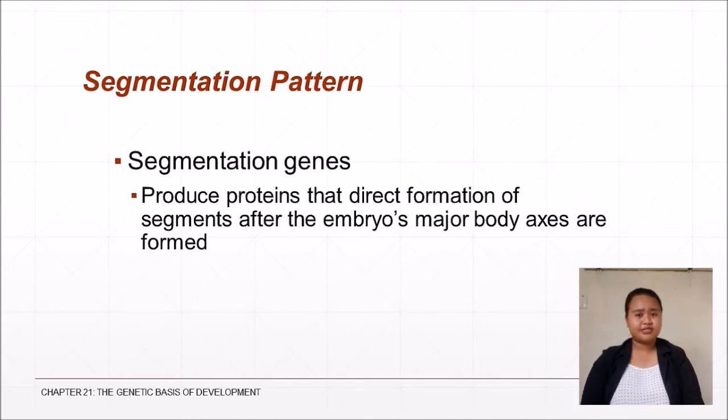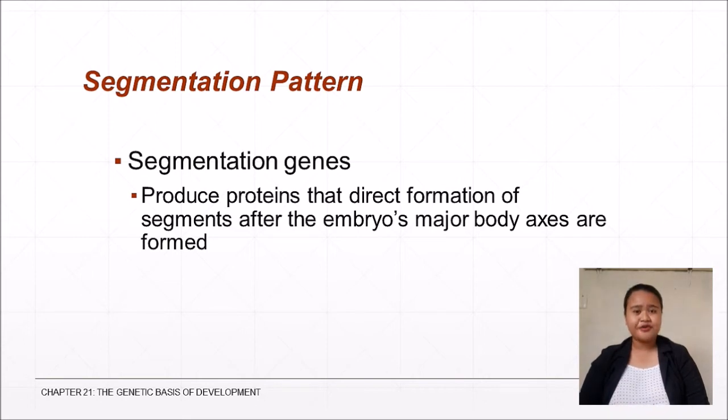These are the posterior-anterior axis and the dorsal-ventral axis. In the segment formation, however, it is a process wherein the fly's body is being divided into segments, which at a later part will make up the three major body parts of the Drosophila, which are the head, the thorax, and the abdomen segment.